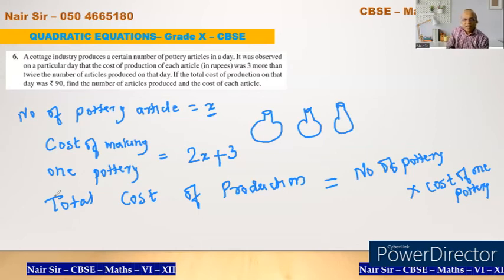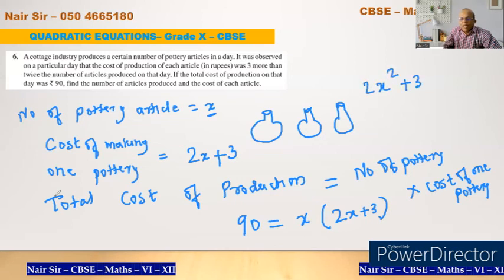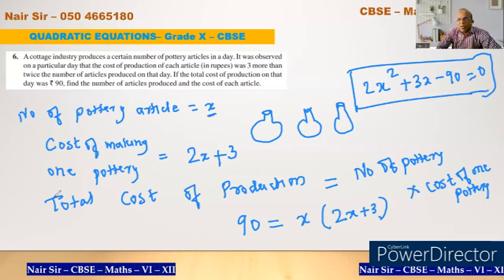They have given me this particular cost, 90 rupees, is equal to how many potteries that I am making? X. And what is the cost of one pottery? 2x plus 3. I have converted a situation into a quadratic equation. What is this becoming? 2x square plus 3x minus 90 is equal to 0. All I need to do is solve this equation and get the answer.